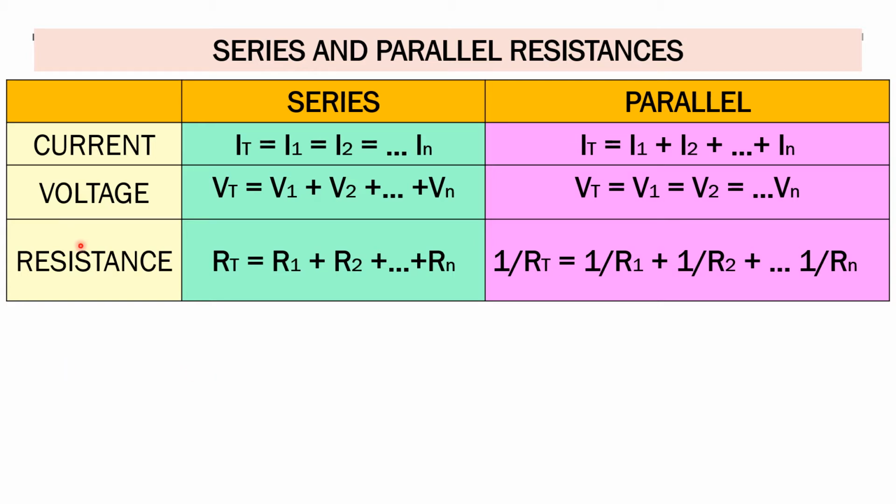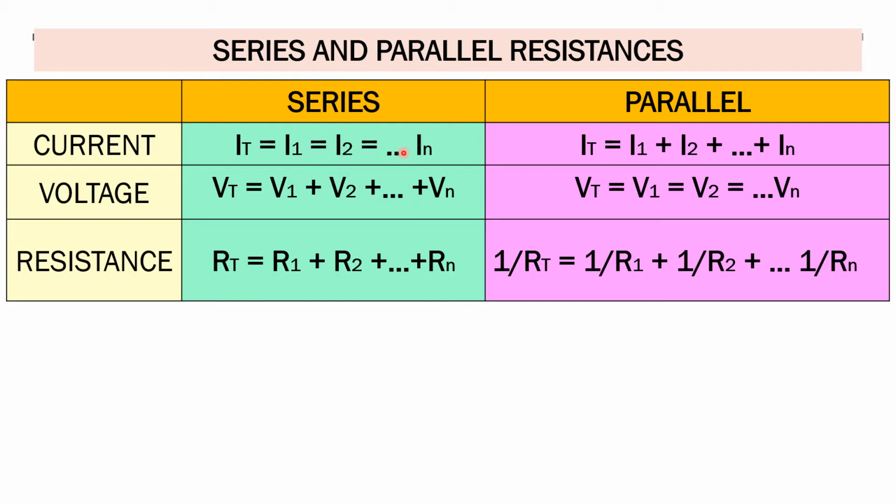Before we analyze our given problem, let us first review important formulas or equations. For determining the current in a series circuit, we just apply the fact that the individual currents are just equal to the total current.